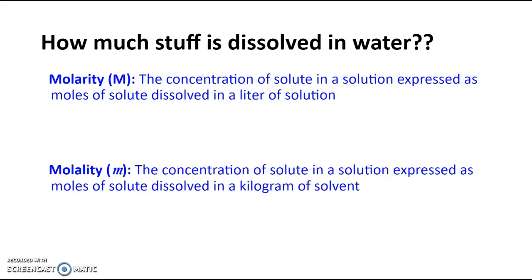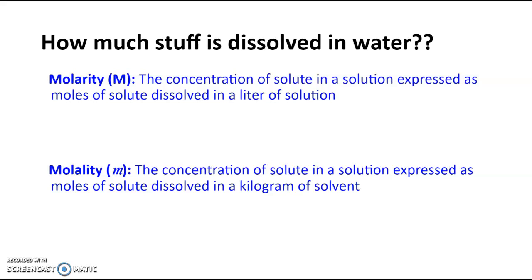So molality says the concentration of a solute in a solution expressed as moles of solute, so that part's the same, dissolved in a kilogram of solvent. So there's a big distinction here, a liter of solution. So that's how much stuff there is with the solute dissolved in it.